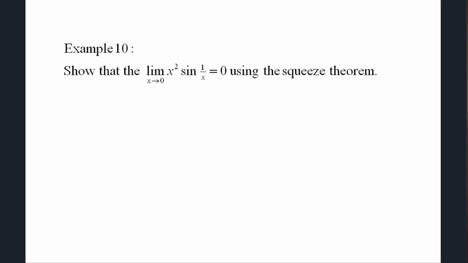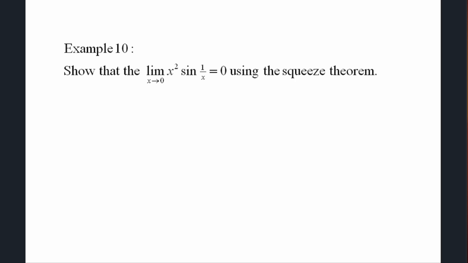Algebraically, we don't have a nice way to manipulate the sine of 1 over x. So you look at it and go, I have no idea. So what we're going to do is fix it a little bit. We're going to manipulate what we know.